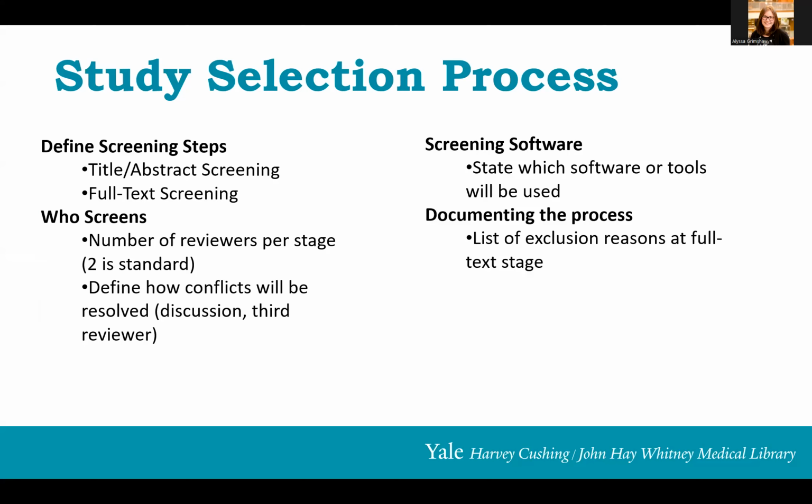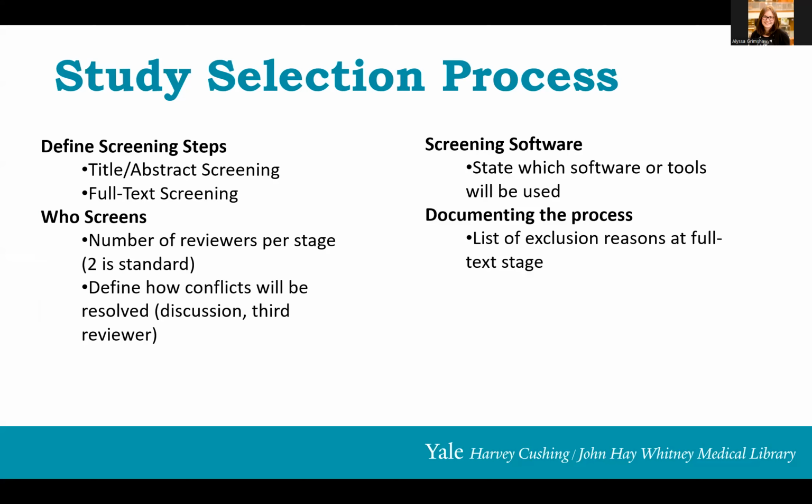Okay, so in this section, we also want to include screening software. So state what software or tools will be used. We're documenting the entire process. So, like I mentioned, we may have a little more narrow exclusion reasons at full text review. Generally, you want to document both of them in the protocol, but the list of exclusions at full text review stage is generally what's going to make it into your manuscript, because there's not a lot of space, so you probably don't have space to describe both of them, and they're the more narrowly focused one.